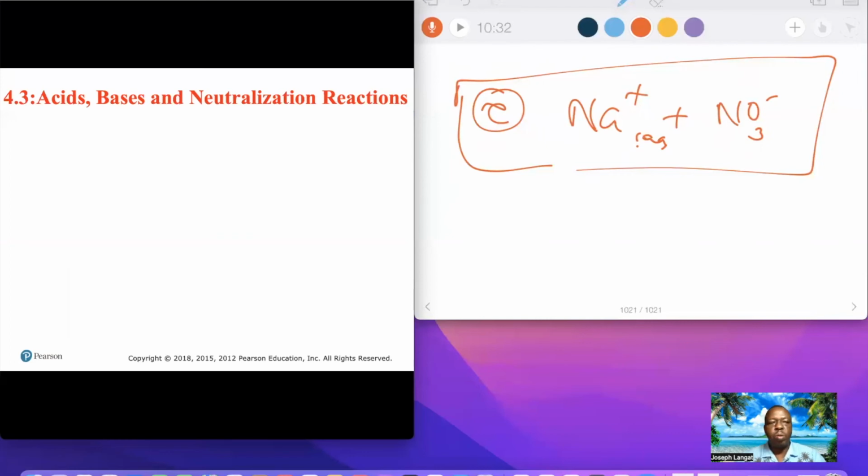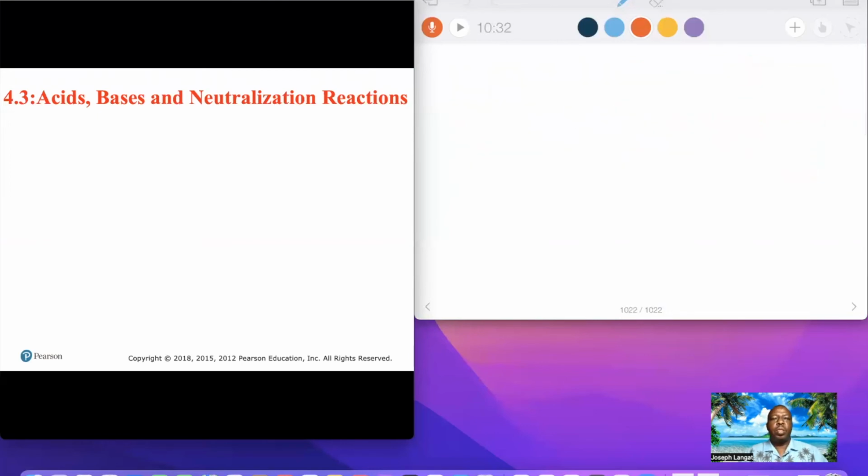You have to use the solubility rules. You should be able to balance the equation in order to answer that question.